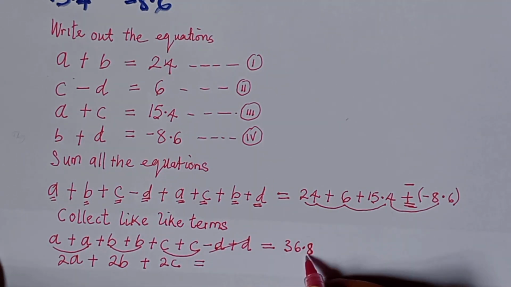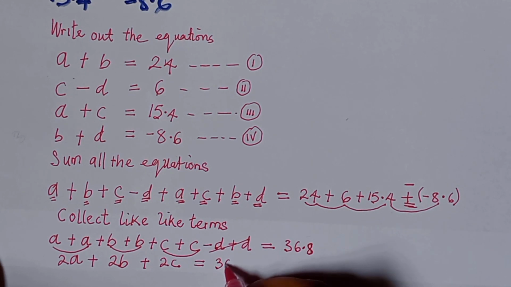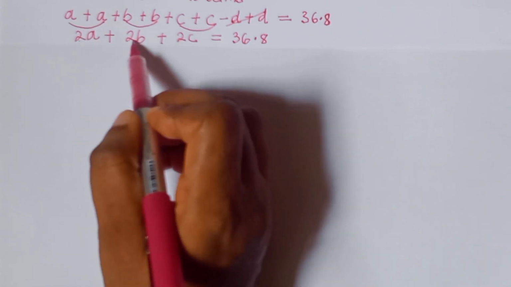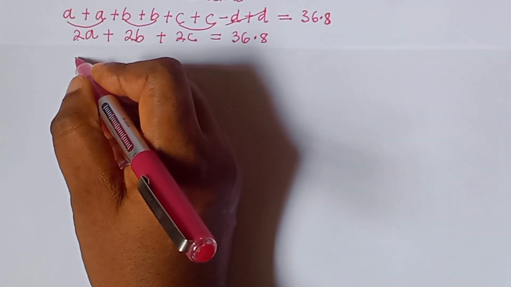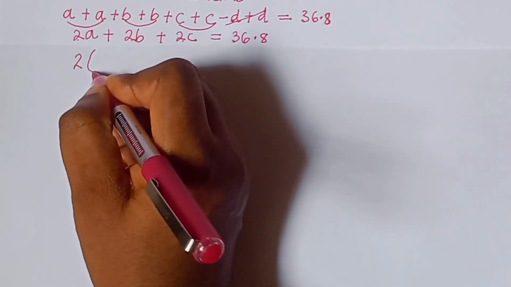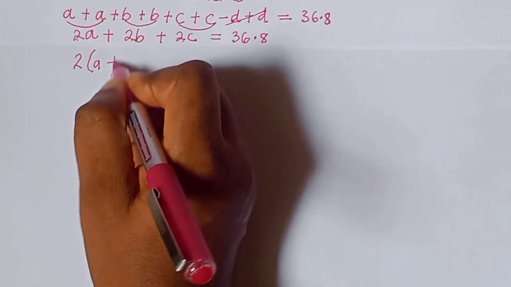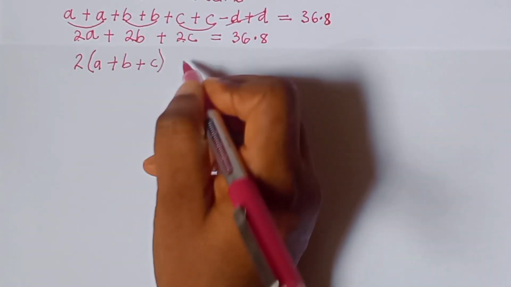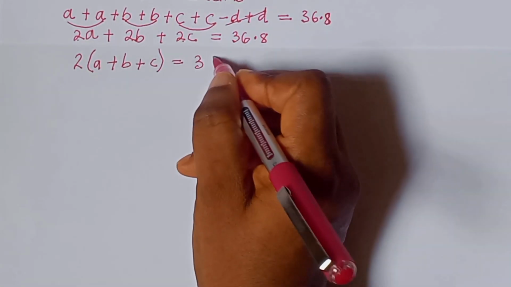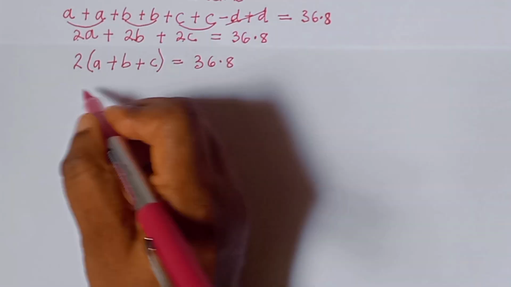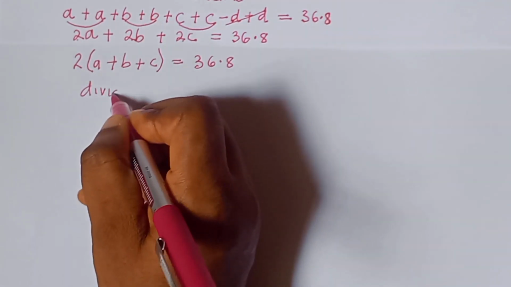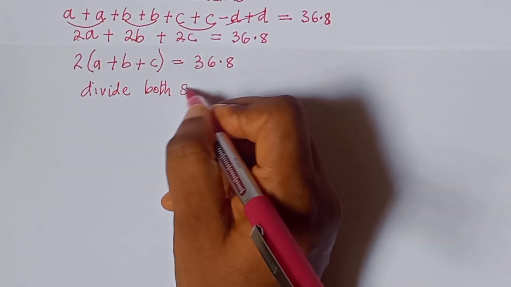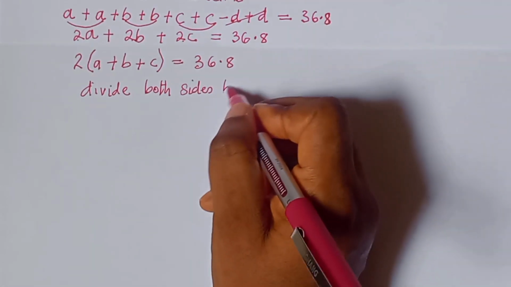So we have this 36.8. What is common here is 2. So we have our 2 here, bracket open, A plus B plus C equals 36.8. We divide both sides by 2.